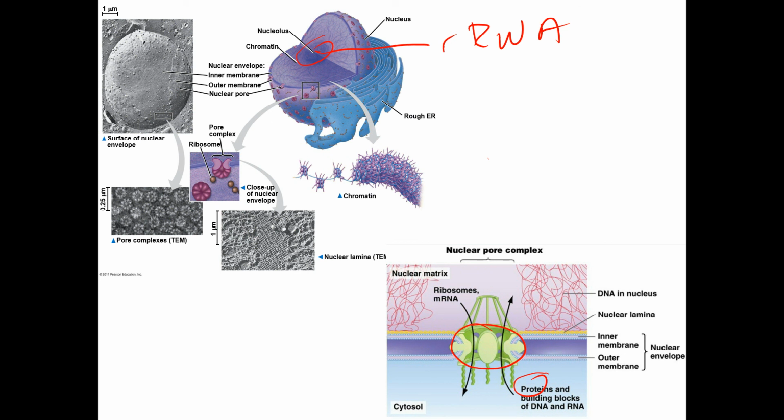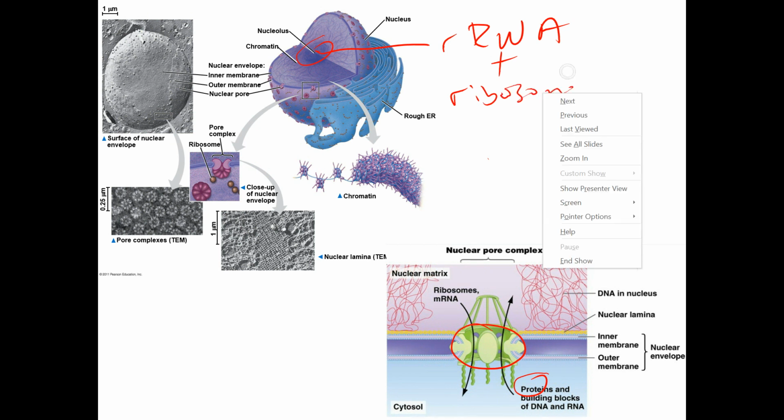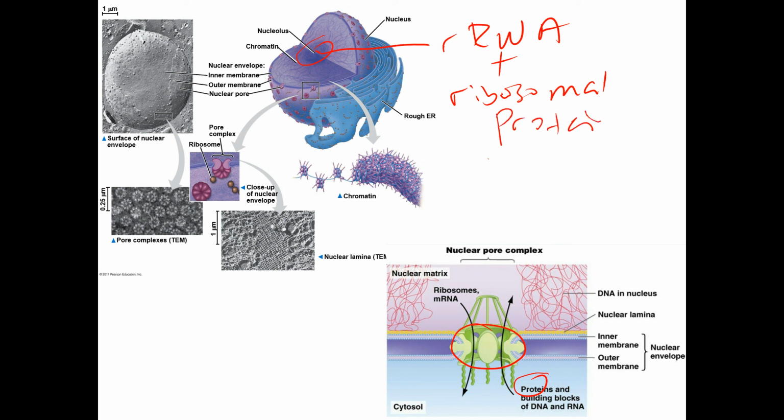Now, you have proteins that also make up something we call ribosomal proteins. Ribosomal proteins have to enter the nucleus and go to the nucleolus.